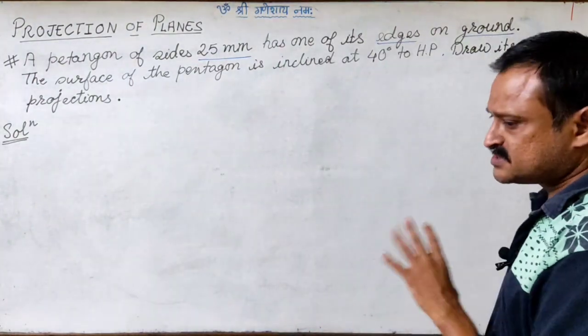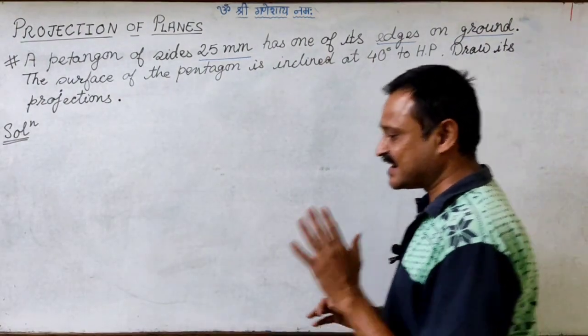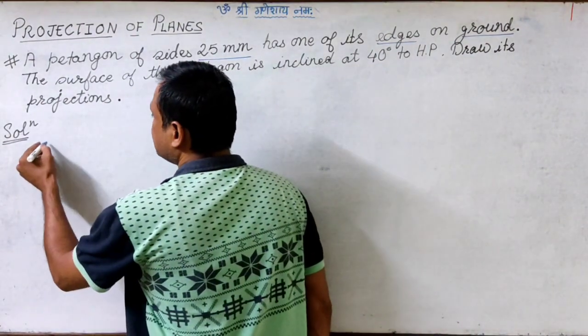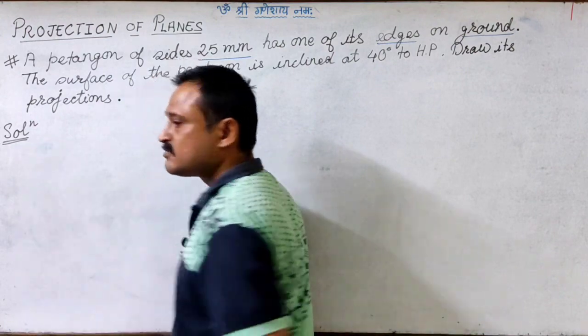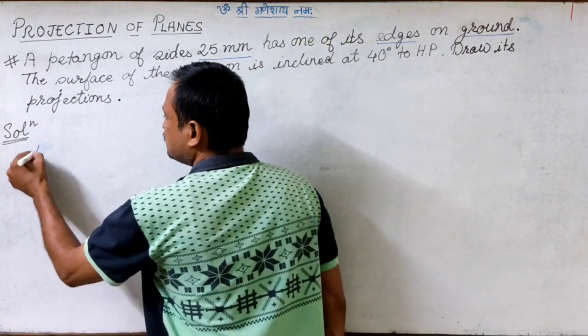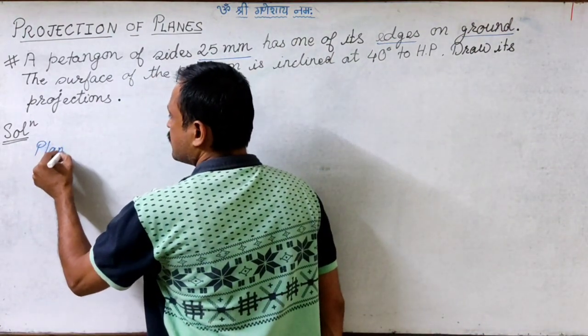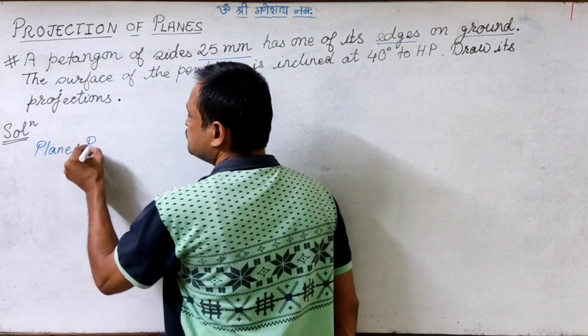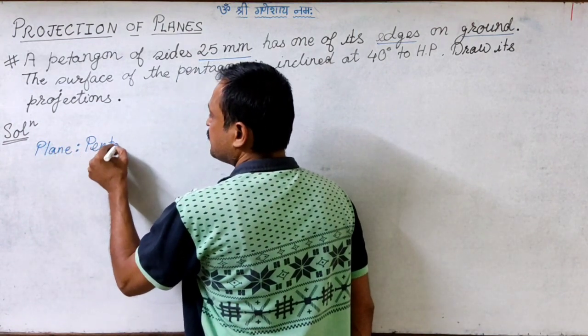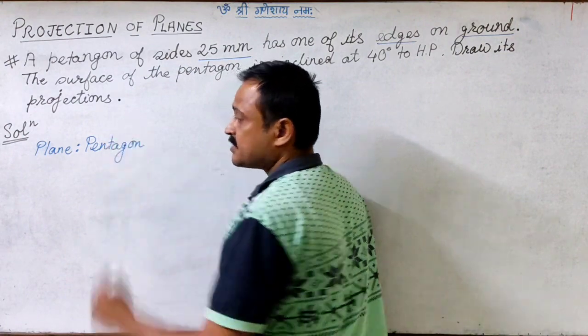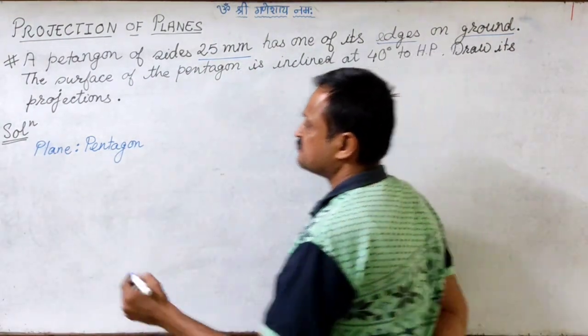So by understanding the problem, we will write the data, and it will always be safer to write which plane we are drawing. The given plane given to us is a pentagon, right?